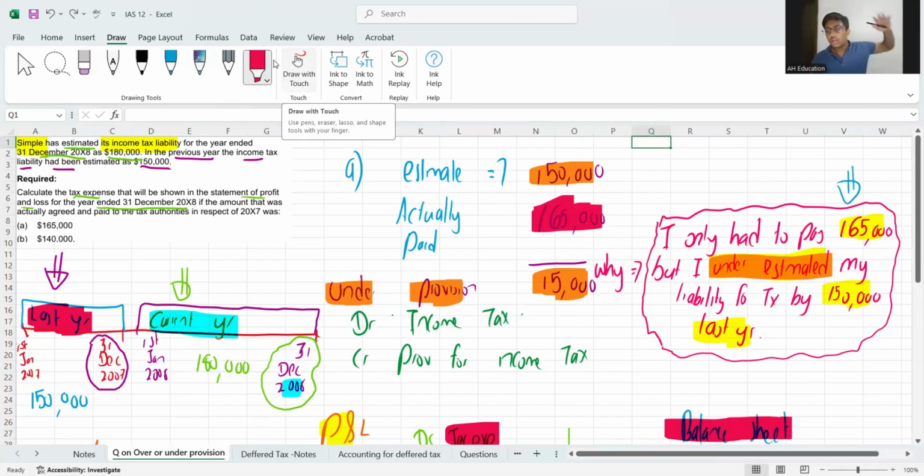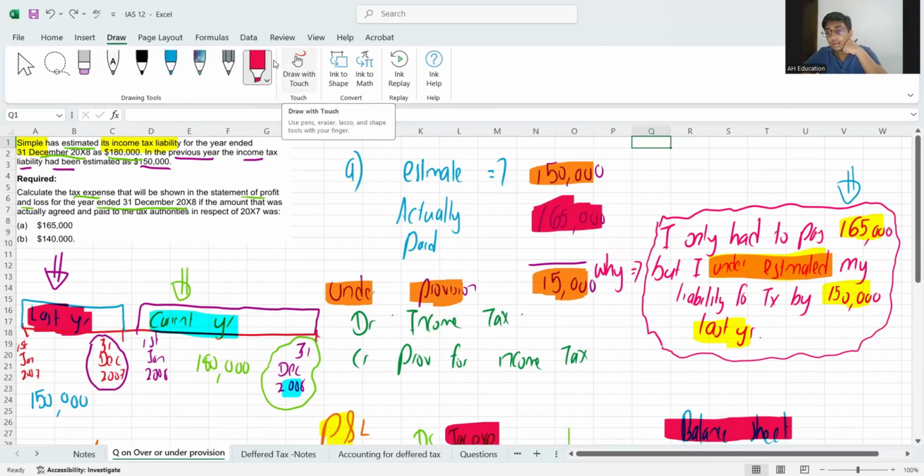You thought in your last year you only had to pay 150,000, but in real time you ended up paying 165,000. Now my simple question to you: your last year end is finished, and now you are in your current year. You found out this mistake, that you have done an underestimation. Are you going to adjust your last year? Is it correct?